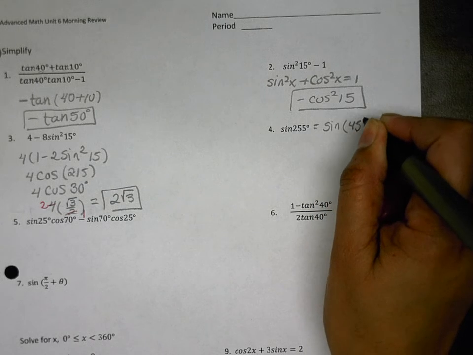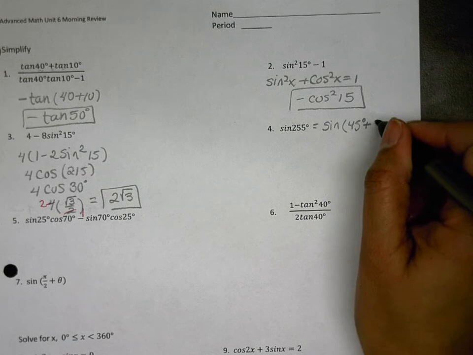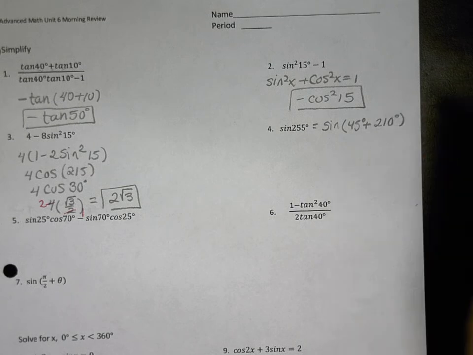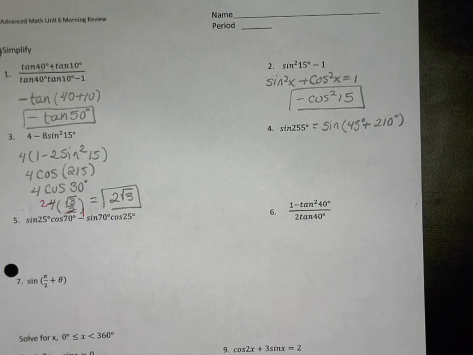I like to use 45. Subtract 255 minus 45. Can anybody do that in their head? 210. Some kids use different numbers and they do like a bigger number, minus 45, which you can. Our answers will look different, but they'll be the same, and you'll still receive full credit.